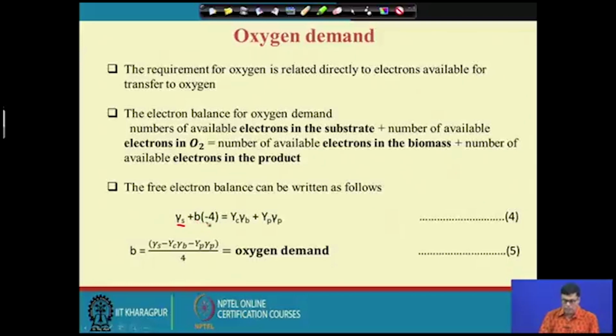We know that one O2 can accept 4 electrons. So I can write B moles of O2, that is B into 4, and then YC gram atom of biomass, so this is YC gamma B and YP gamma P. This B is the oxygen demand, and we can calculate it like this.